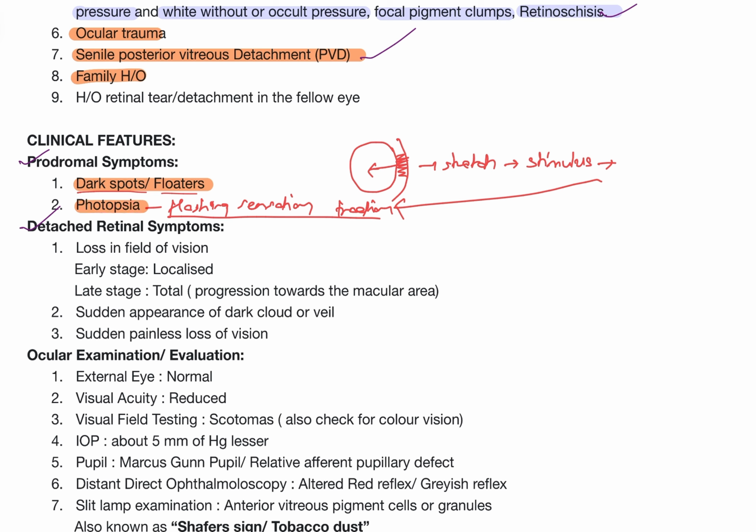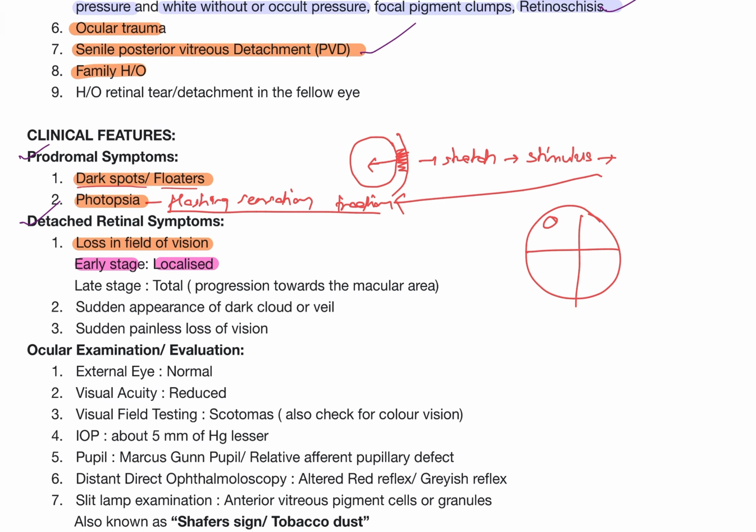Then detached retinal symptoms. What are the symptoms? So loss in the field of vision. Obviously, in the early stage, it will be localized. Usually, if you see this retina, if it is detached in this place, that corresponding visual field will be lost. But in late stage, what happens? It progresses towards the macular area. You'll have total vision loss or total field of vision loss.